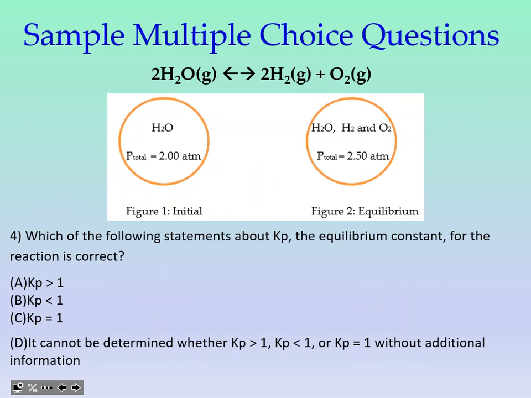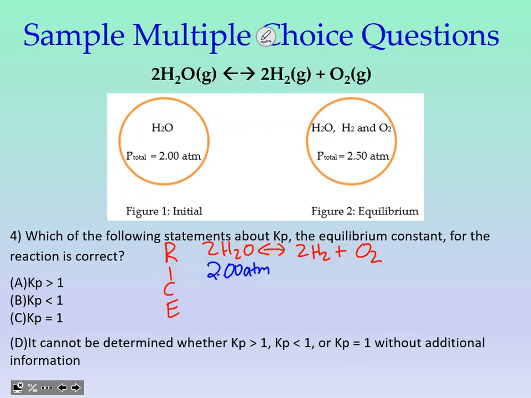Yes, and we are going to be working with those partial pressures. That's true. So rice, like so. Initially, what do we have? 2 atm of H2O. Atm here, right?